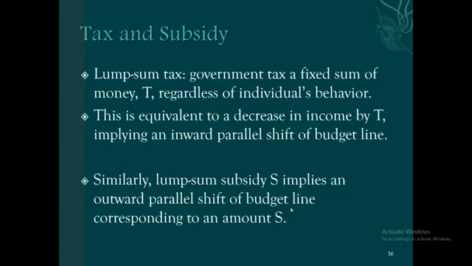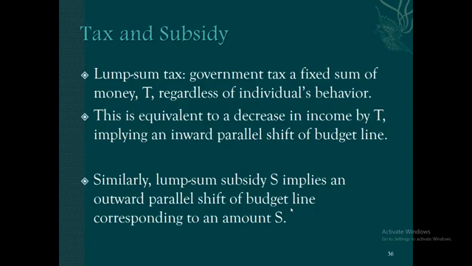A poor person also pays 5% or 12% or 18% for the commodity he or she purchases, and at the same time a rich person is also spending. Here, the marginal utility of A and B for rich and poor is never considered; everything is treated the same. So regardless of the individual's behavior, this is equivalent to a decrease in income by T, implying an inward parallel shift of the budget line. Exactly this is what is going to happen.